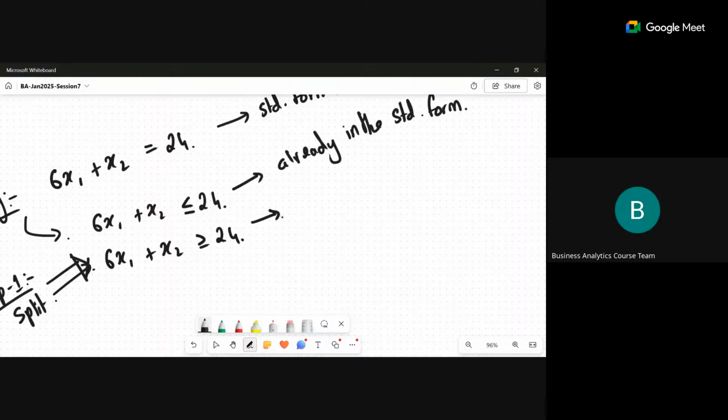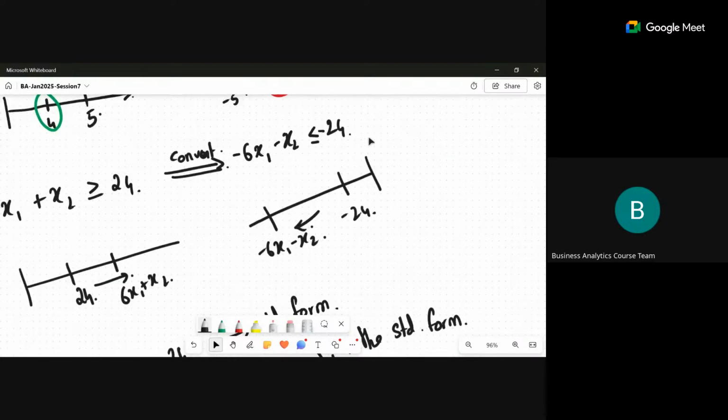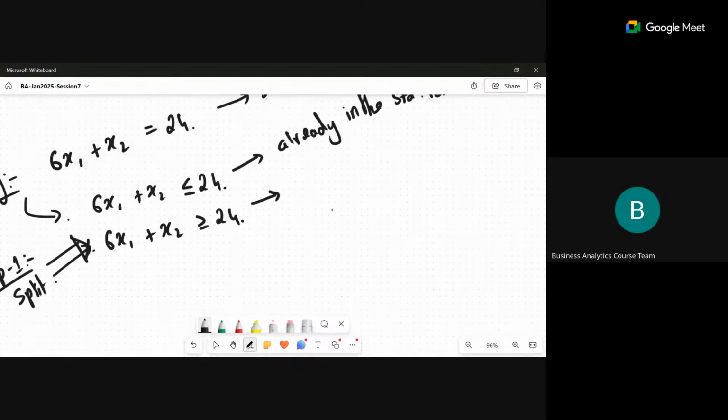This time you must convert to standard form. How do you do it? You use the previous logic of multiplying with minus. So you go in for minus 6x1 minus x2 must be less than or equal to minus 24.